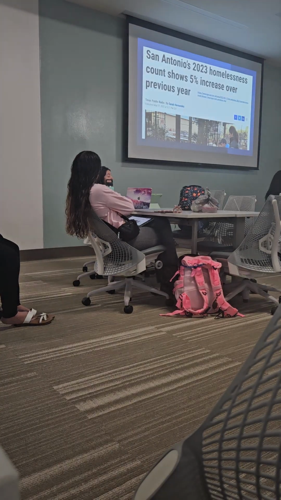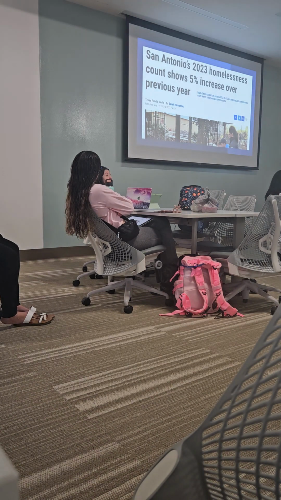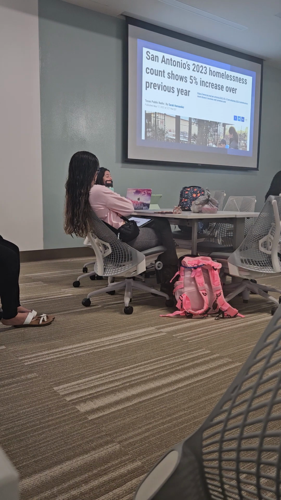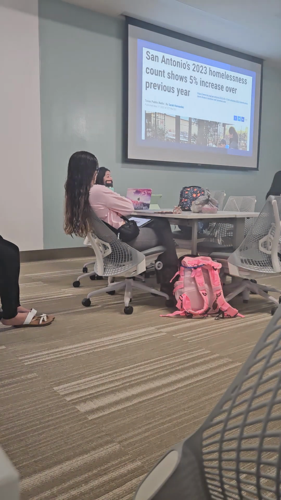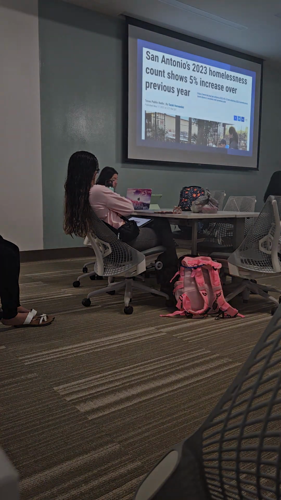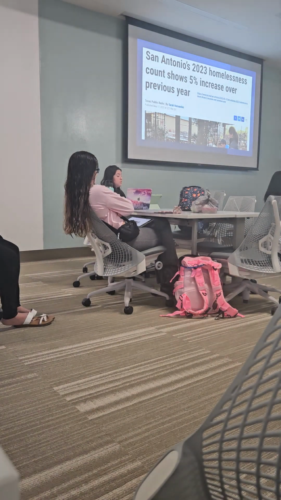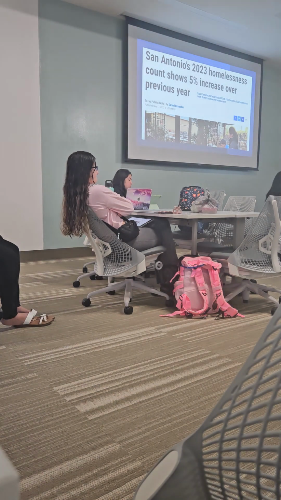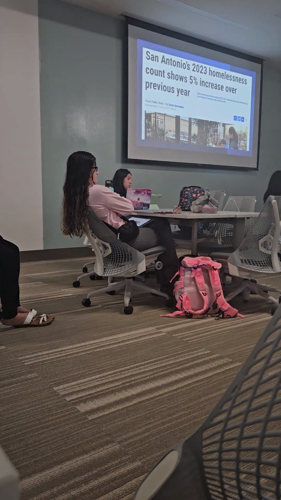A 5% increase over the previous year in San Antonio. That's not a really good statistic, right? Not a good indication of the health of San Antonio. So if I'm looking at that 5% increase over the previous years, what might be the things that have led to that? Inflation, COVID, the pandemic, and people were getting evicted, right?